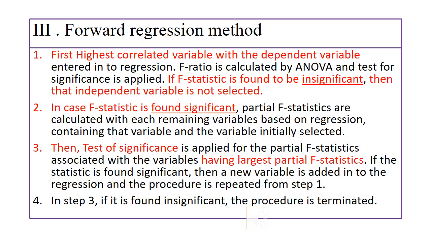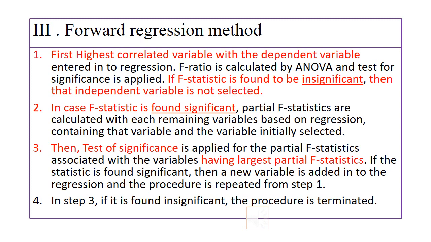If the F statistic is found to be not significant, then the selected independent variable is not entered into the regression. In case the F statistic is found to be significant, partial F statistics are calculated for each remaining variable, based on the regression containing that variable and the variables initially selected.